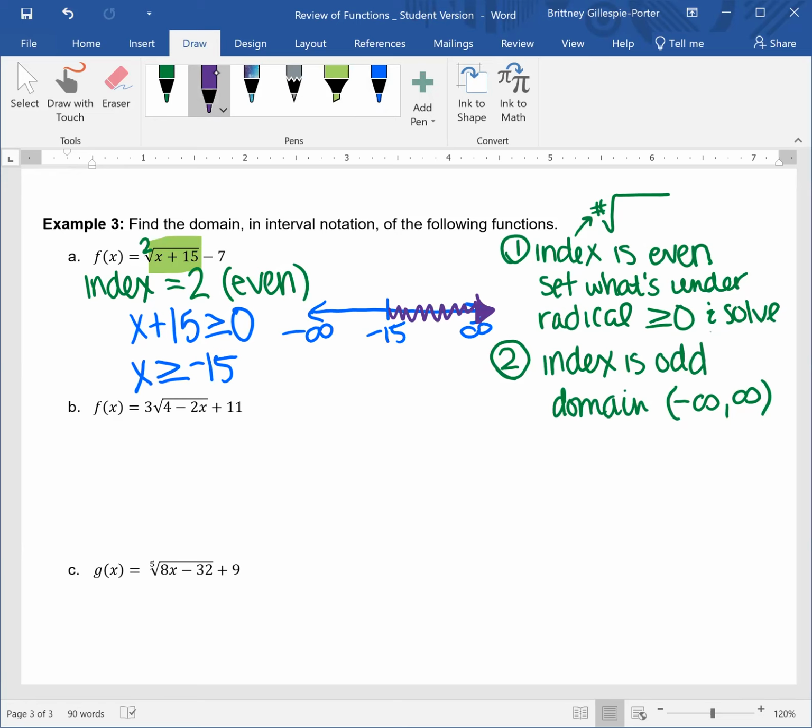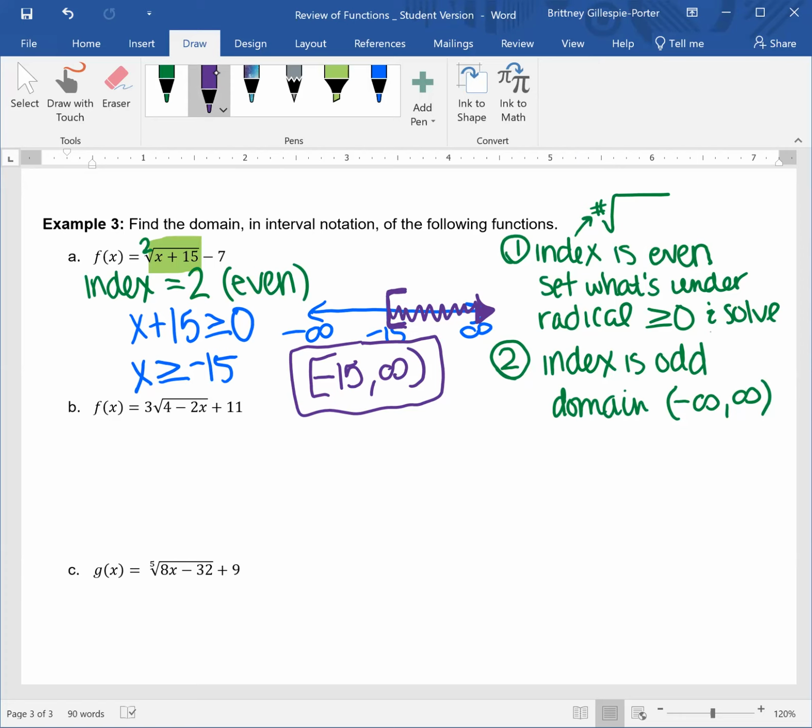And this time with the greater than or equal to, we need a bracket. If it was strictly greater than, we would not use a bracket. We would use the parenthesis. But here I can see that my domain is negative 15 to infinity and beyond.